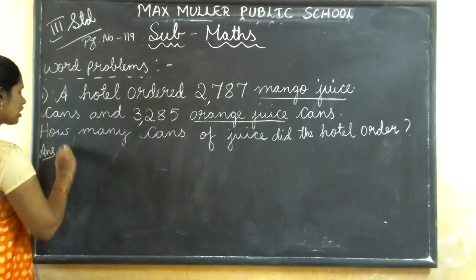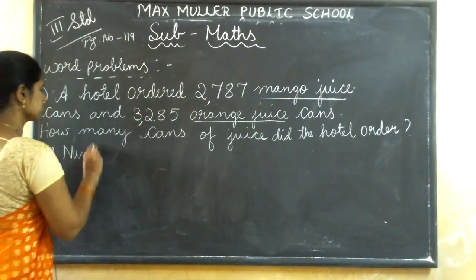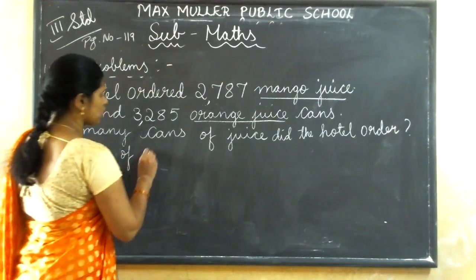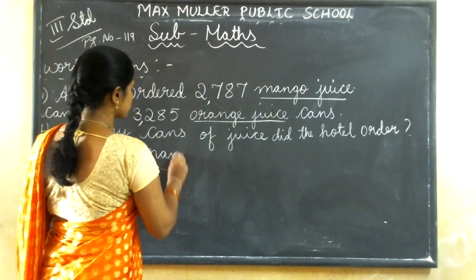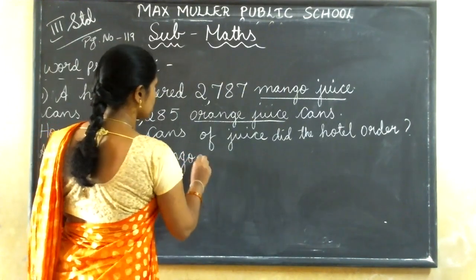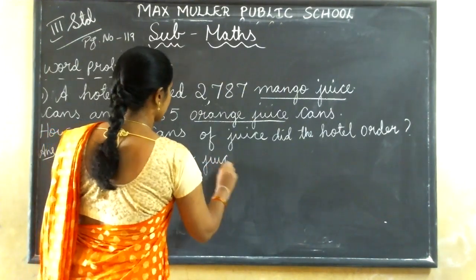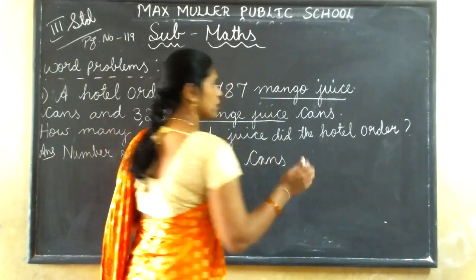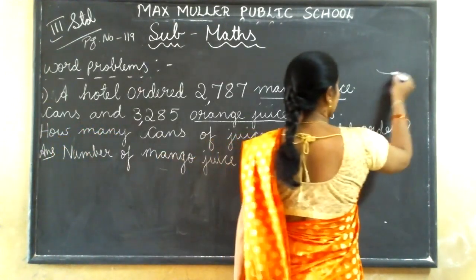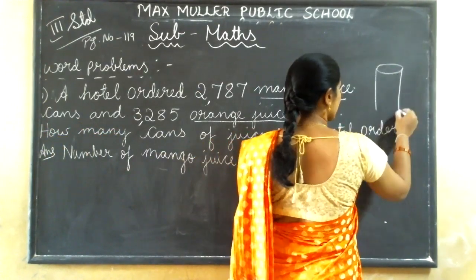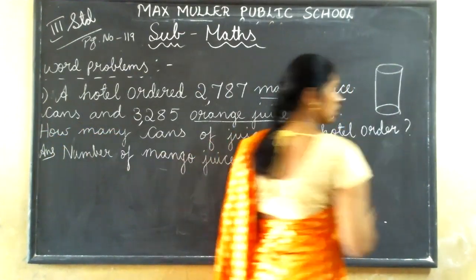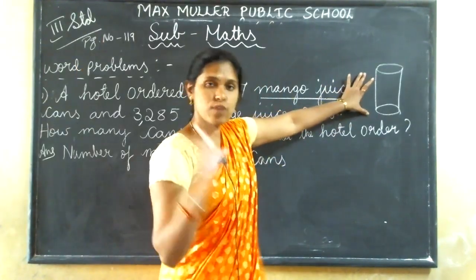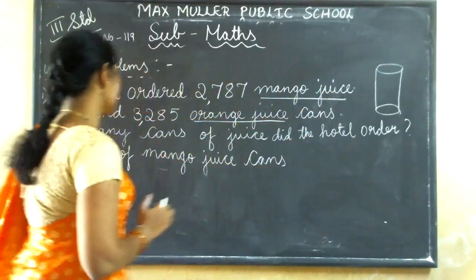So number of mango juice cans. Juice cans means not big one. Like this you will be having small cans. You can see, this one Coca-Cola, like this. You will get small cans. That is what cans here.